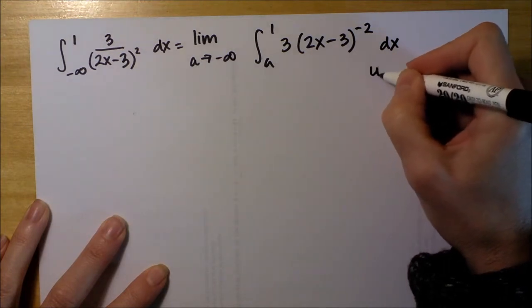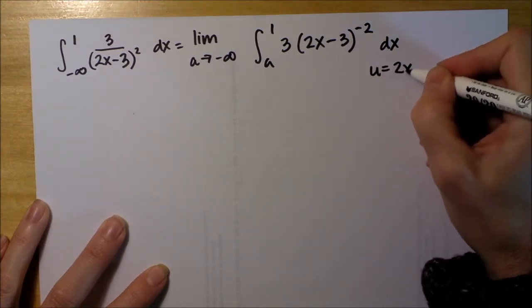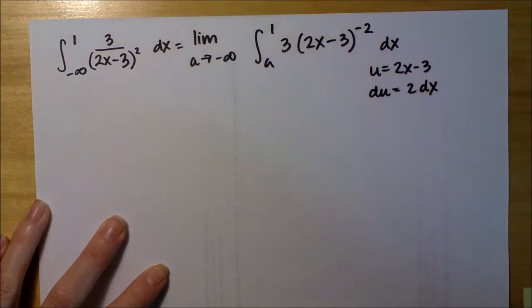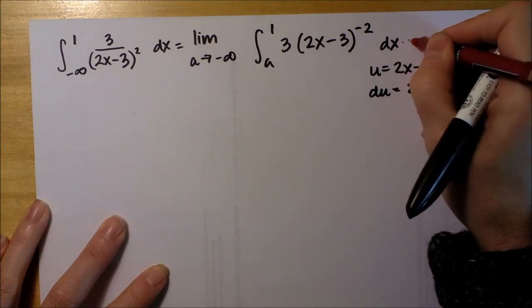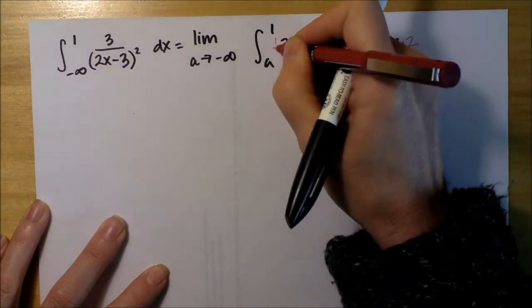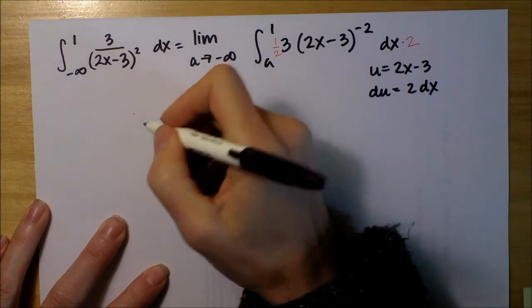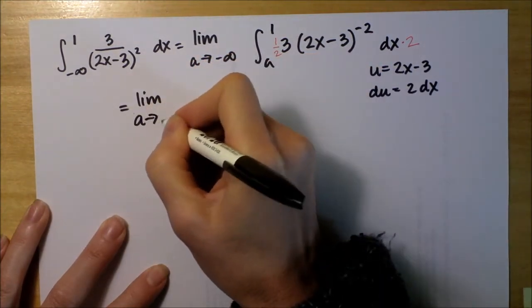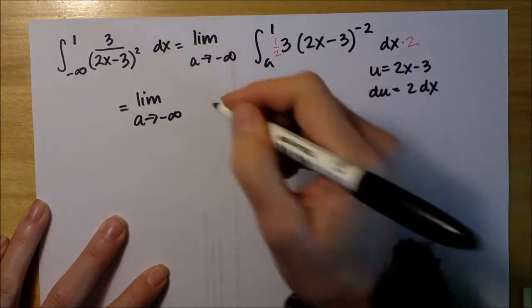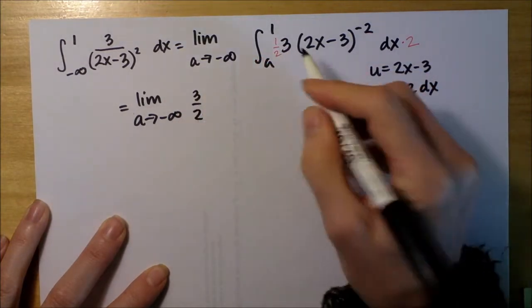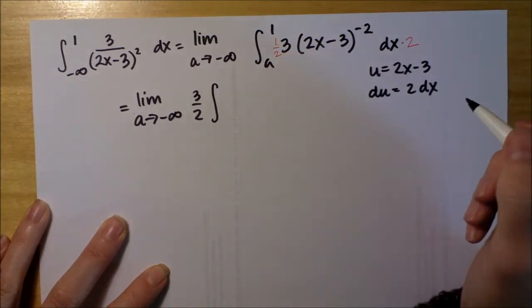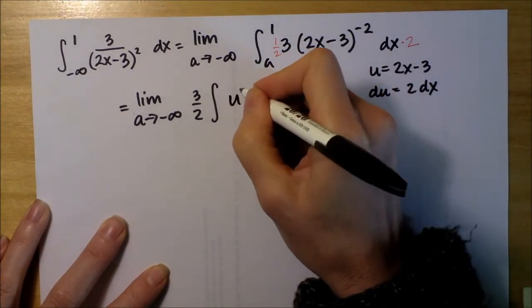Then I can make u equal to 2x minus 3, and then du is 2 dx. You remember substitution, right? And so I'll throw a 2 in here and a 1/2 out here. And then the whole mess looks like this. The limit as a goes out to the left of 3/2 and then the integral of u to the negative 2.